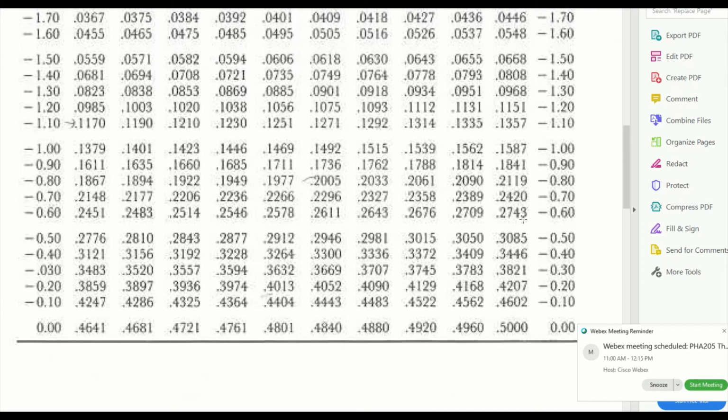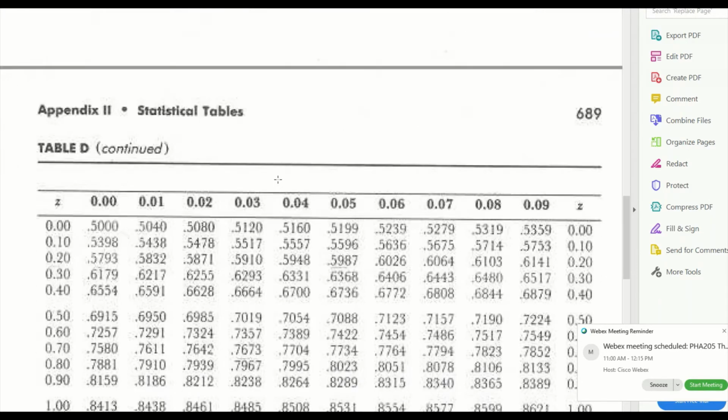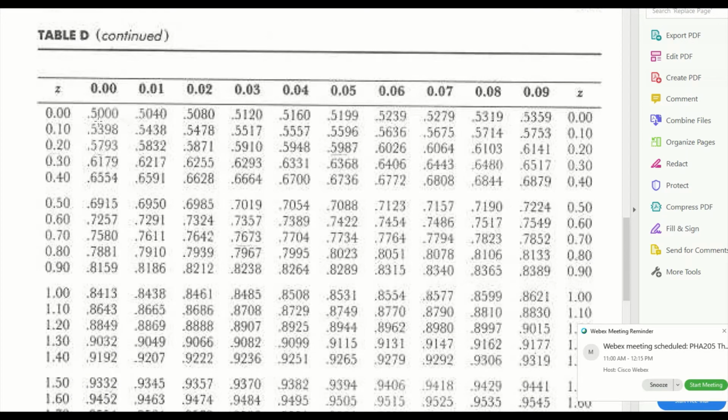Remember, what's inside are the probabilities. Then you move into the second page, where Z starts becoming positive, and sure enough, the first entry is 50%. That's Z 0.00. Here they're no longer negative, now they're positive. Another thing to note is that you're starting from 0 on this side, moving to 9 on that side.